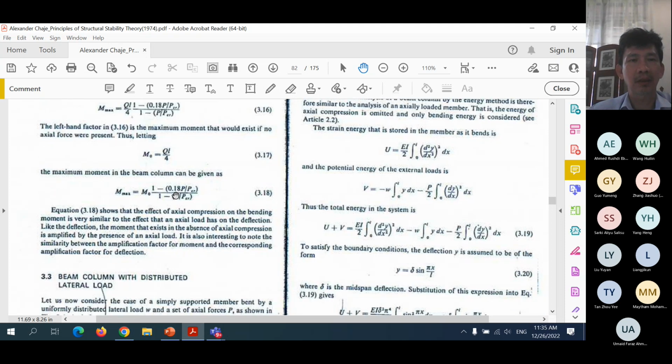So that is where we come to these terms here, 3.18. Equation 3.18 shows the effect of having P on the beam column acted on by Q at the midspan. It is equal to the moment without P multiplied with an amplification factor.